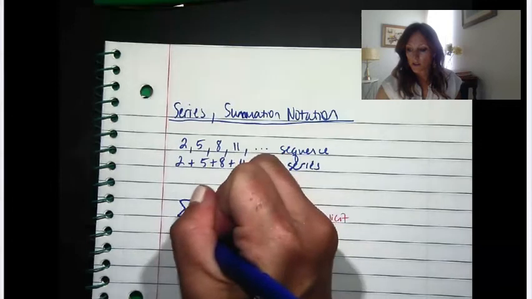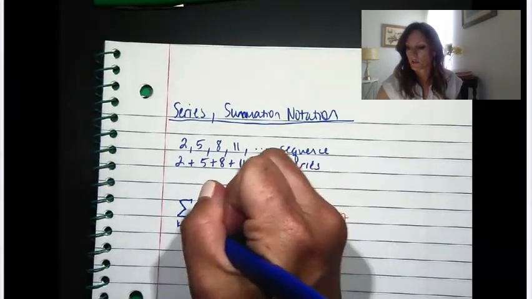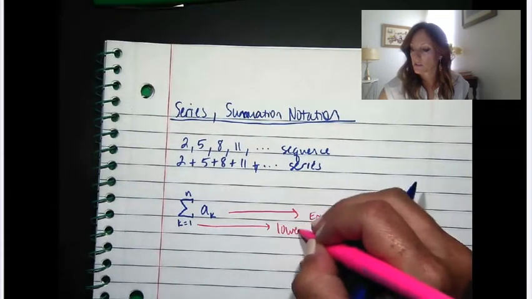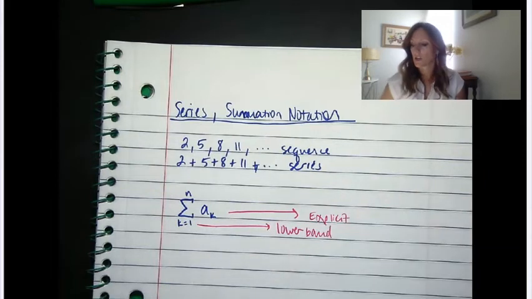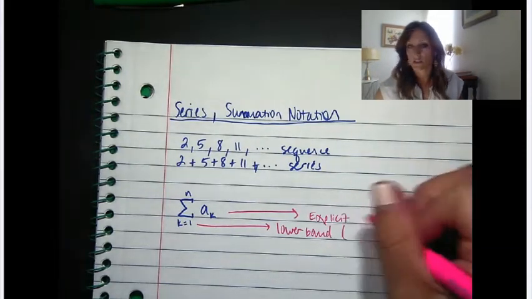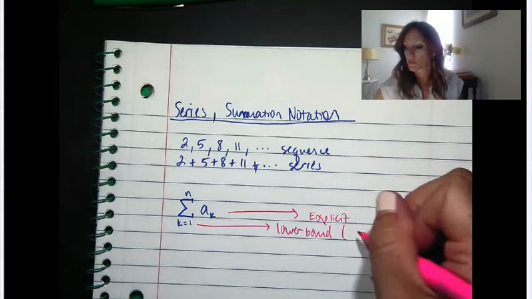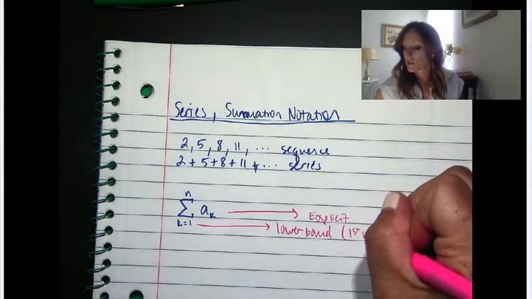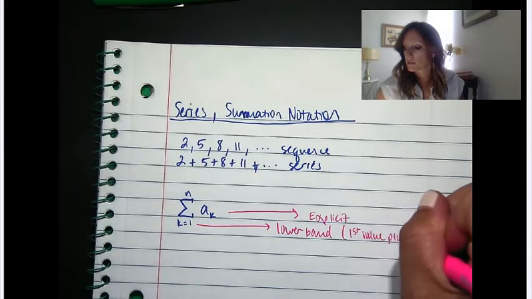And down at the bottom underneath, kind of subscript style, we'll put something like k equals 1, and at the top I'll put n. This k equals 1 is called your lower bound. And the lower bound is going to be the first number that you plug into your explicit rule to start building out the series. And so this is the first value plugged in.